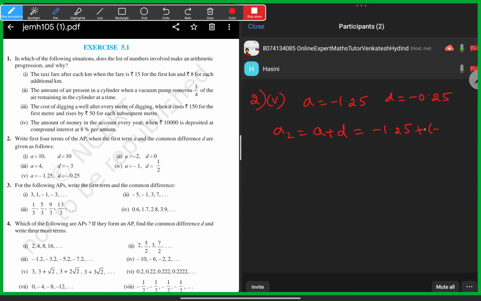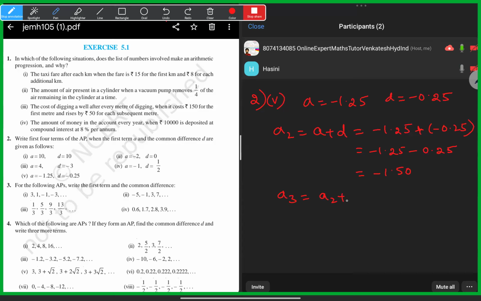Since it's a negative term, the second one I am writing separately in the bracket. -1.25 plus of -0.25. So -1.25 minus 0.25 is -1.50. Both negative, so we'll add them and keep the minus as it is.